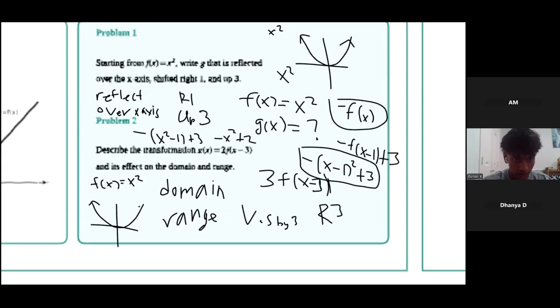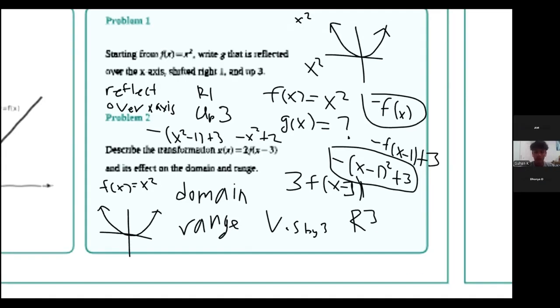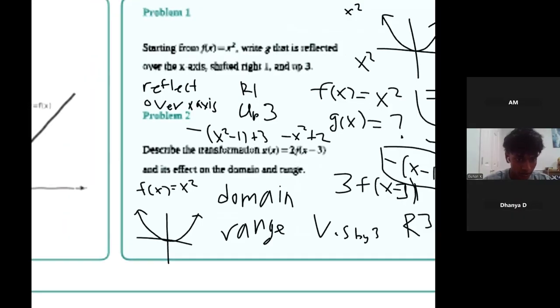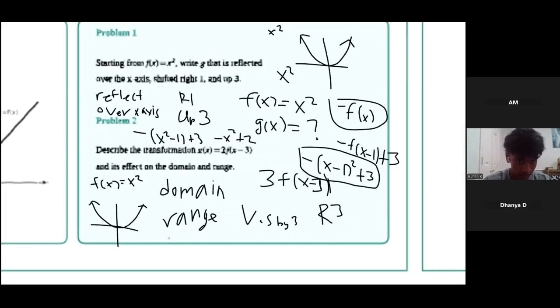And the domain is originally negative infinity to infinity, and the range is originally 0 to infinity. So R equals and D equals.